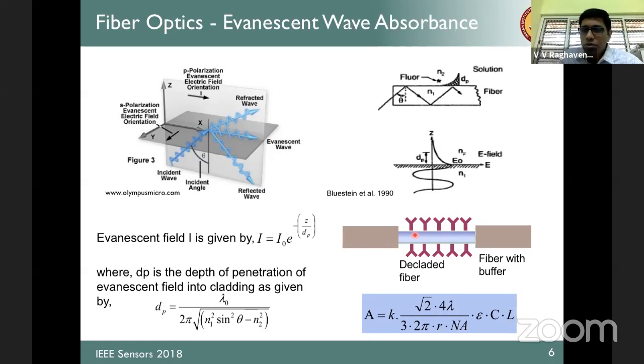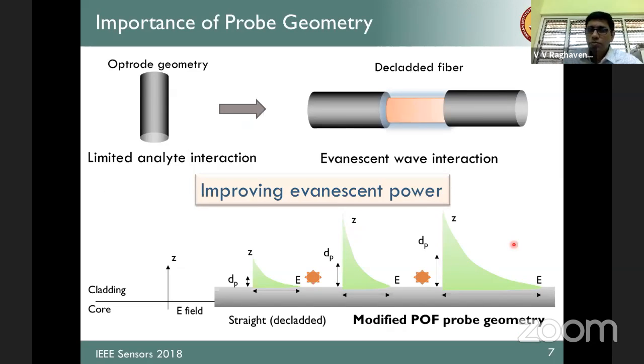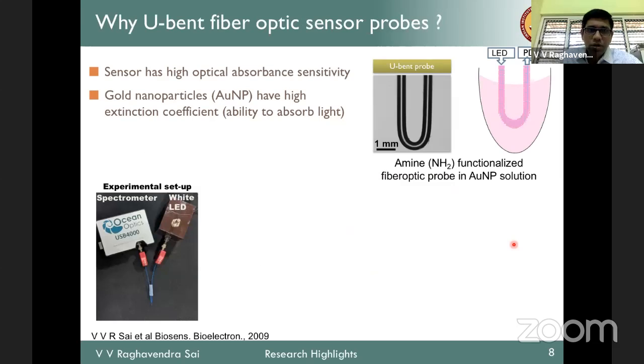What you do is you declad, that is, you remove the clad layer on the core, put your antibodies, and then when antibodies come and bind, you can see a change in the light property. So I will not bore you with these details.